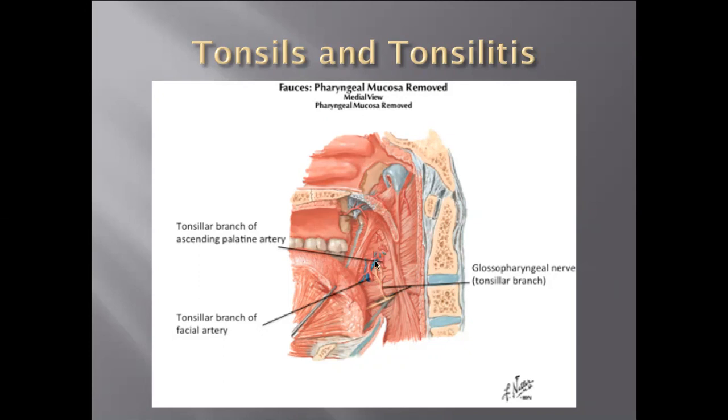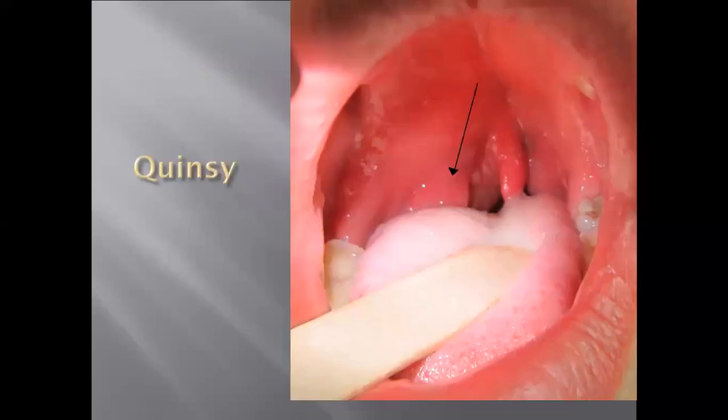We also have to remember that behind the tonsillar bed we have the tonsillar branch of the glossopharyngeal nerve. So if we are doing a tonsillectomy, we have to ensure that we are not injuring these structures while removing the tonsils.